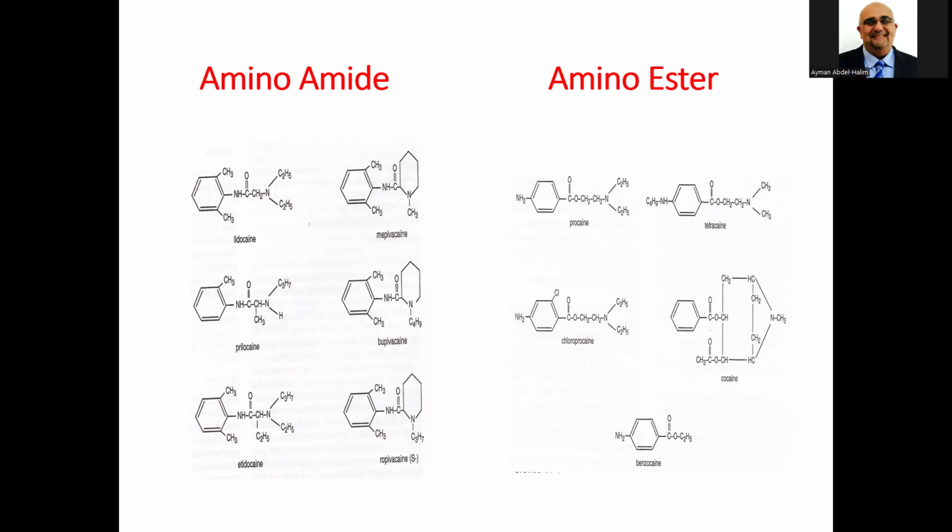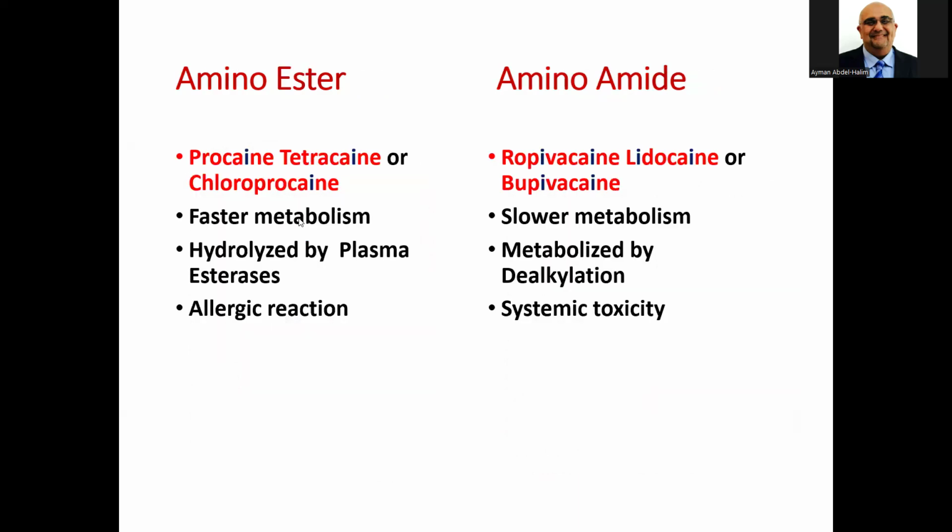Our interest today is lidocaine, for so many reasons. We're going to make a little bit of differentiation between these two types of local anesthetics to develop our knowledge about local anesthetics.